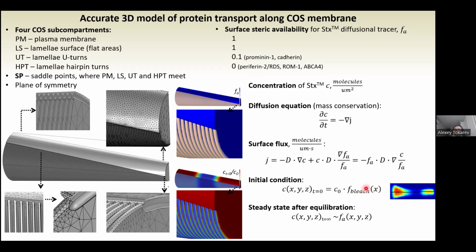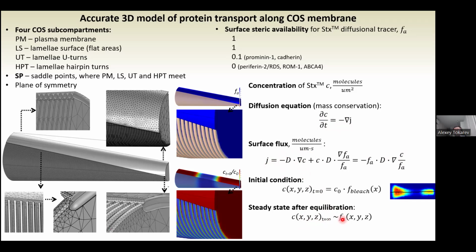And the idea of this equation, despite that it has diffusional and exclusion terms, is that we can reformulate it as a diffusion of actual concentration in spaces between excluded molecules. And in steady state, when flux is 0, this diffusion equation results in concentration being inversely proportional to the available surface fraction along the surface.